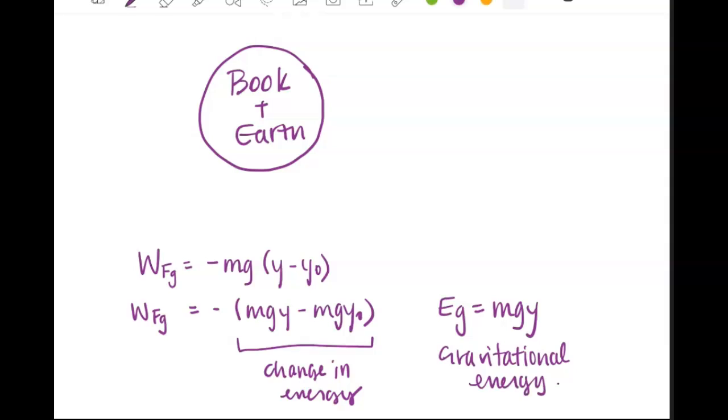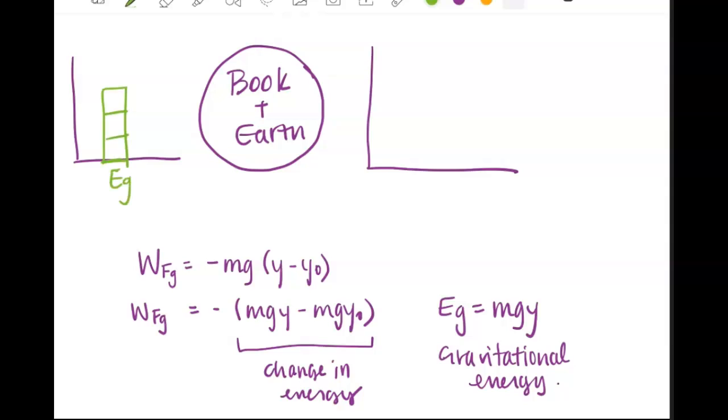Okay, so if I've now moved the Earth inside the system with the book, initially the book is above the ground, and so the amount of energy in terms of gravitational energy I can represent with 3 blocks. So this is initial, and then this will be final over here.